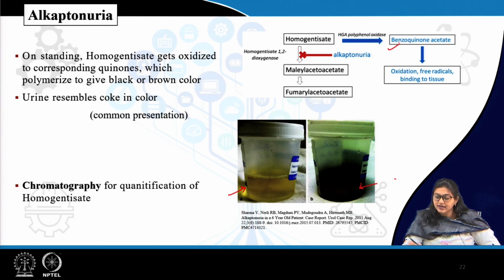Here you can see benzoquinone acetate is formed by a polyphenol oxidase, and these benzoquinone acetates undergo oxidation and form compounds which give a blackish or brownish color. Via chromatography, the presence of homogentisate in urine can be detected. It can be detected in blood as well.